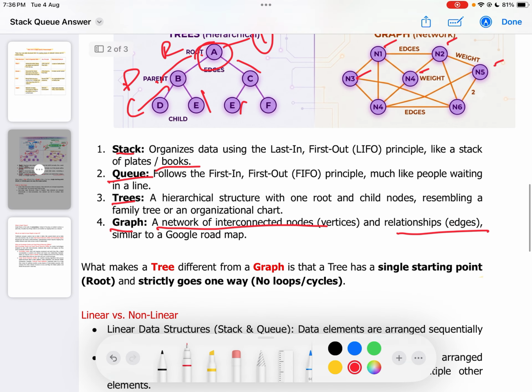Like a Google map, a road map you have seen on your mobile, it is a graph. So the difference between a tree and a graph is that a tree has a single starting point as root, and it goes only one way. It's not interconnected like a graph.